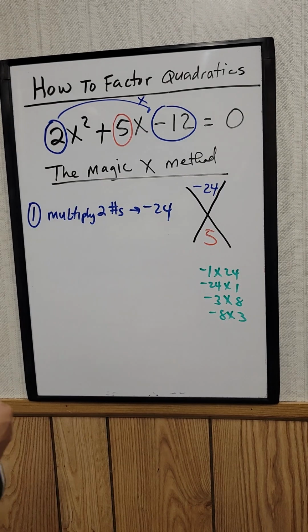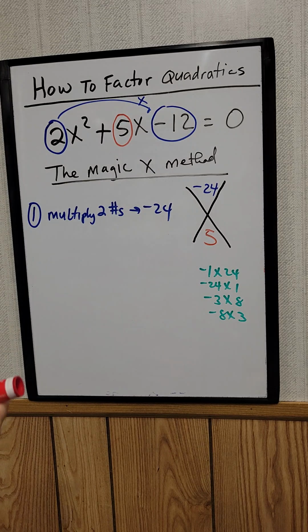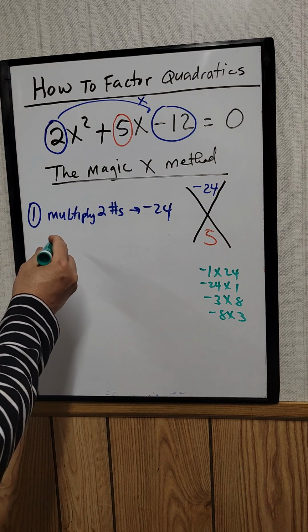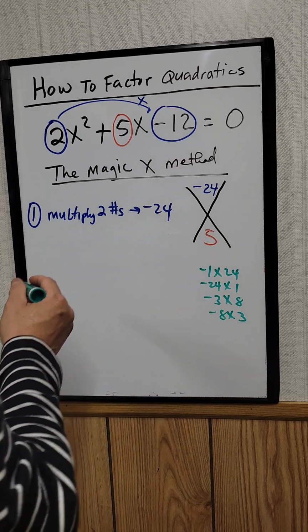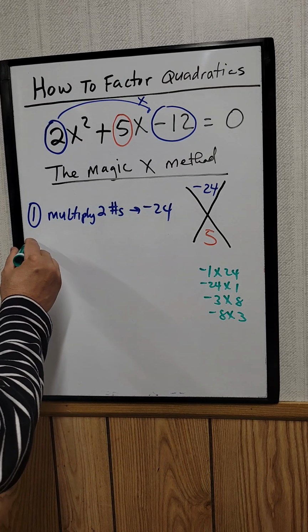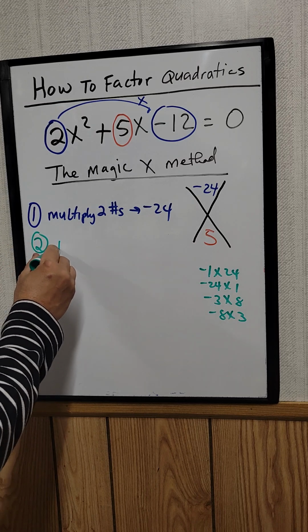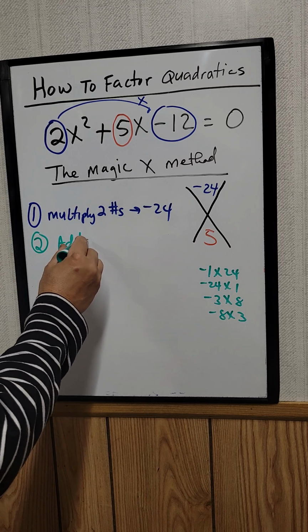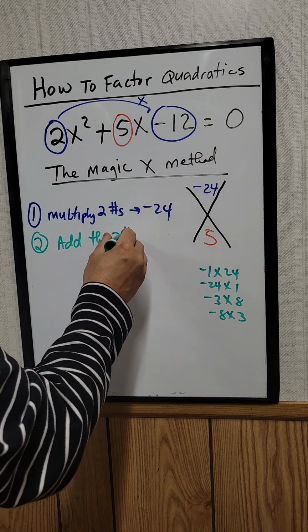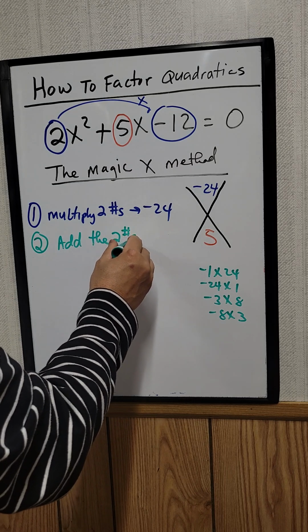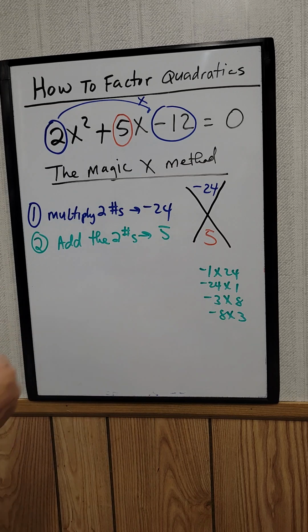And then the second thing we need to do is add the two numbers that will give us the 5.